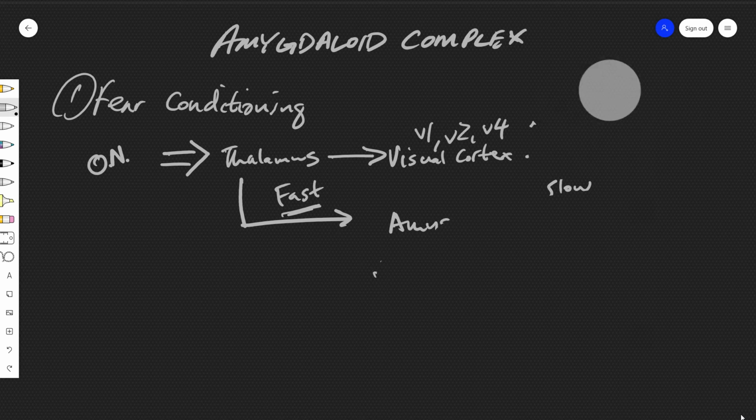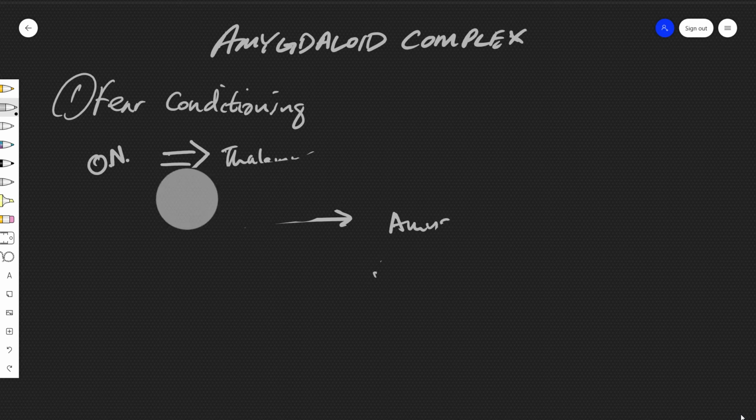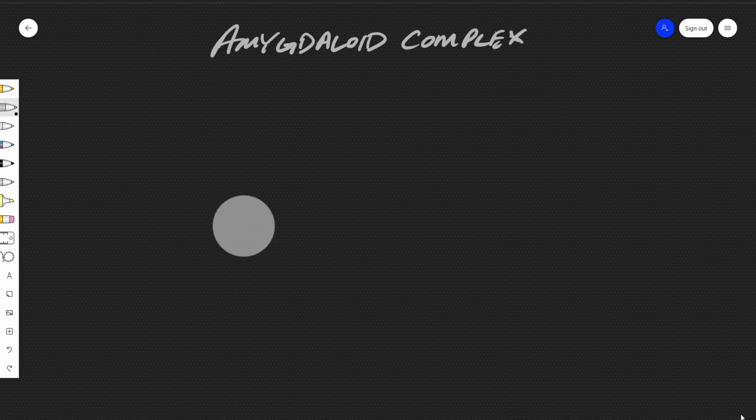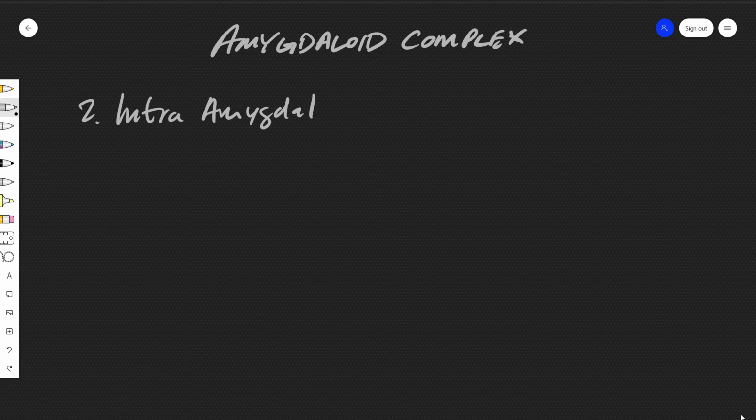All right. So secondly, talk very quickly about intra-amygdalar processes. Intra-amygdala.